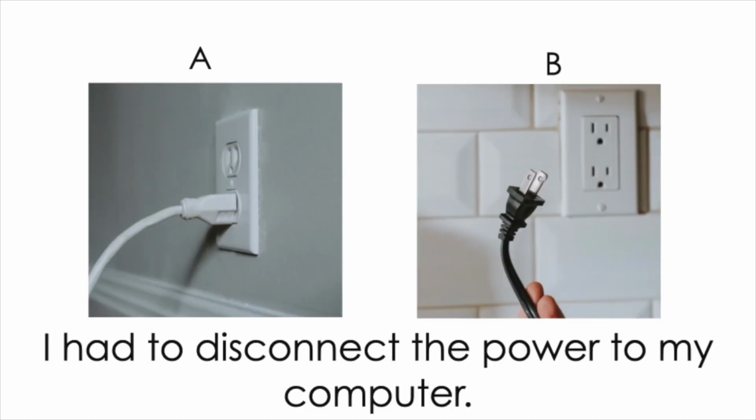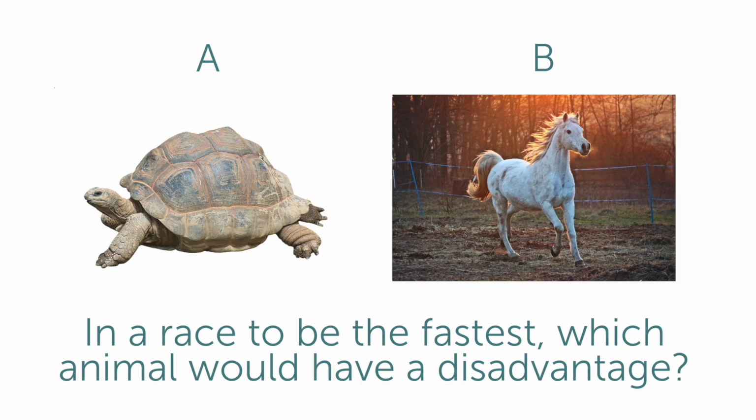I had to disconnect the power to my computer. Is it A or is it B? Number 4. In a race to be the fastest, which animal would have a disadvantage?